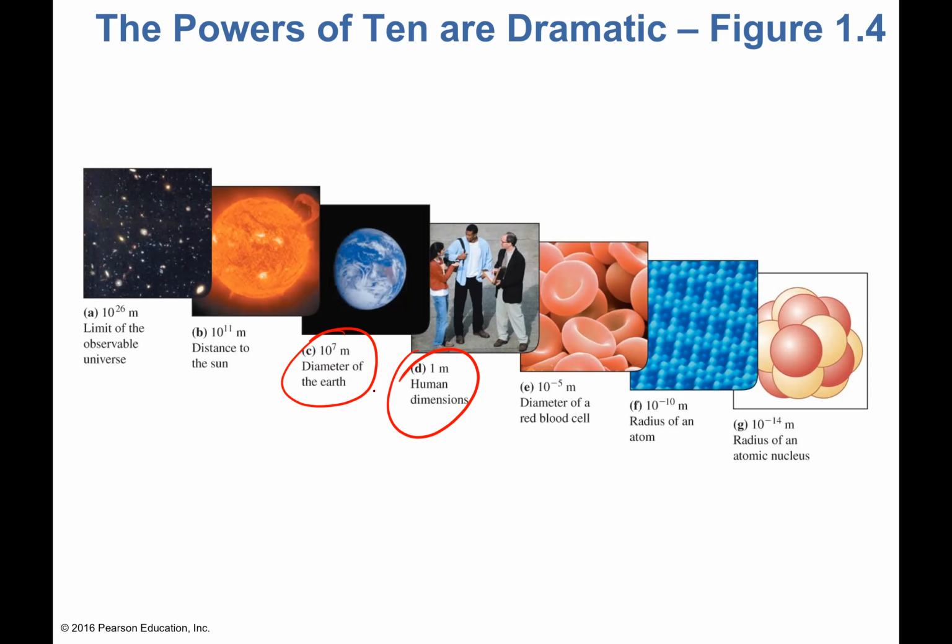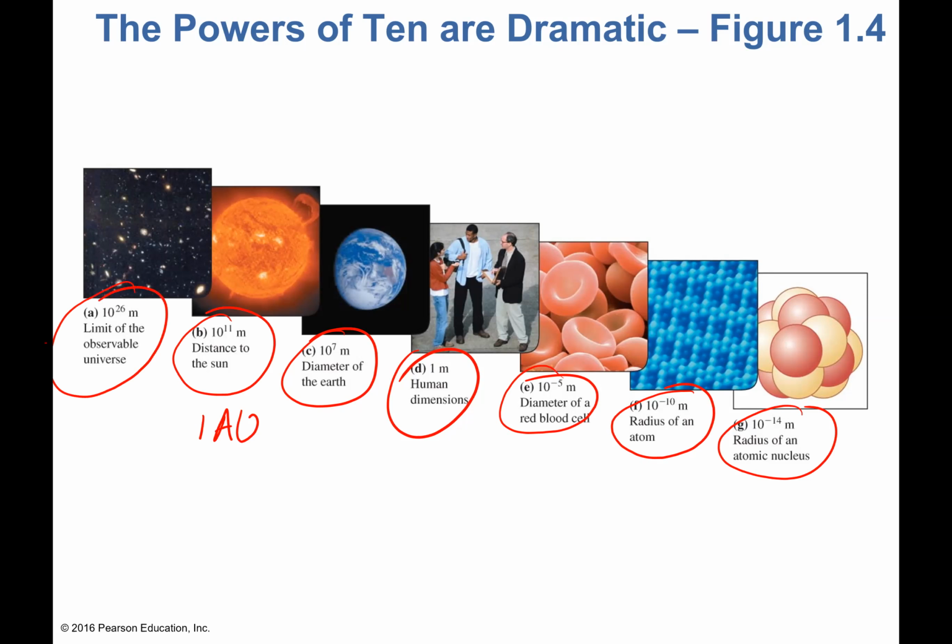That means take 1 and add 7 zeros next to that. 100,000 over 1 meter distance is already the diameter of a red blood cell. 10 to the negative 10 is the radius of an atom. 10 to the negative 14, radius of an atomic nucleus. Or you can go further, 10 to the 11, distance to the sun. We'll call this 1 AU, astronomical unit. Or 10 to the 26, limit to the observable universe.